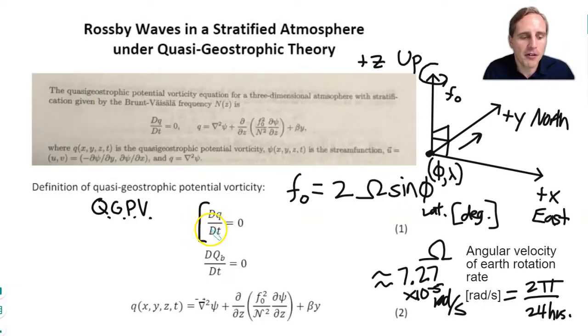If we follow that air parcel around, the idea is that it maintains its quasi-geostrophic potential vorticity, that its change as we materially follow it around is 0. Now, what that also means is if you define the base state quasi-geostrophic potential vorticity and you follow that around, that's also 0. Here's the definition of quasi-geostrophic potential vorticity as given in the problem.